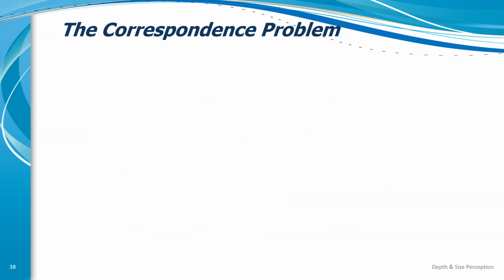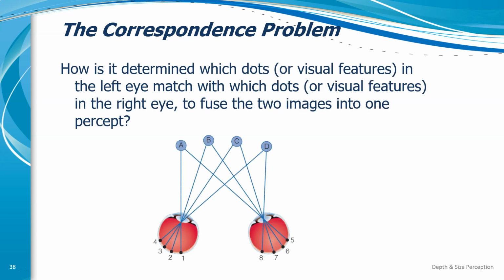Okay, I need to get to the important, tough, theoretical problem called the correspondence problem. It's a question of matching. Each eye does not get the exact same picture of the world, because our eyes are laterally offset in our heads. Each eye gets a slightly different picture of the world.